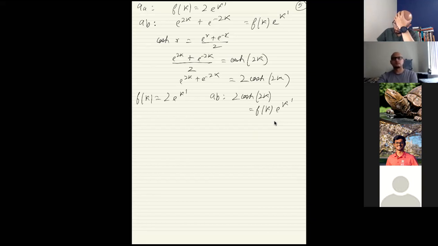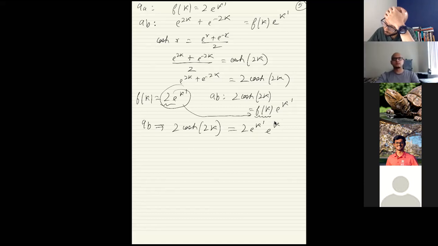Okay, now what should we do? If you plug f of k in this, the 2 on both sides gets cancelled out, and you should get cosh of 2k equals e to the 2k prime. So 9b implies that 2 hyperbolic cos of 2k is equal to 2 e to the power k prime, multiplied by e to the power k prime.